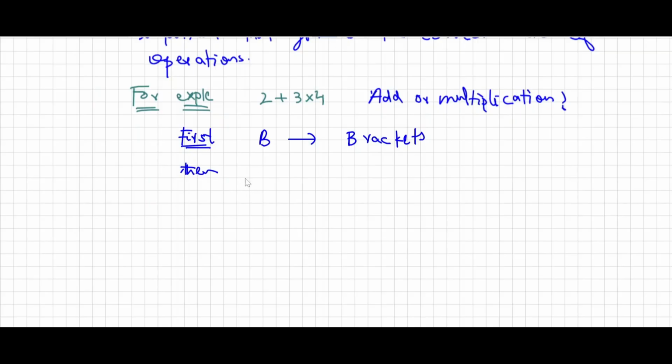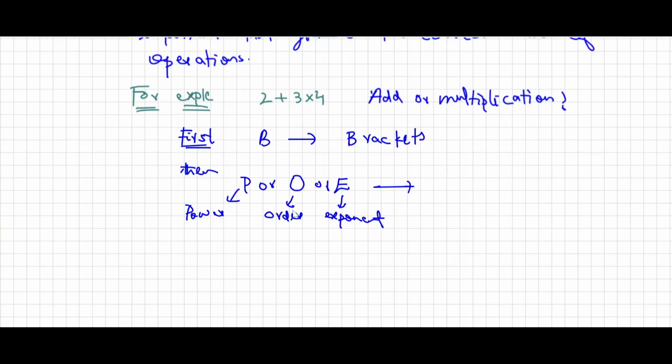then P, or there might be some O for order, or some can be written E for exponent. These are all: P for power, O for order, E for exponent. So these three are the same.